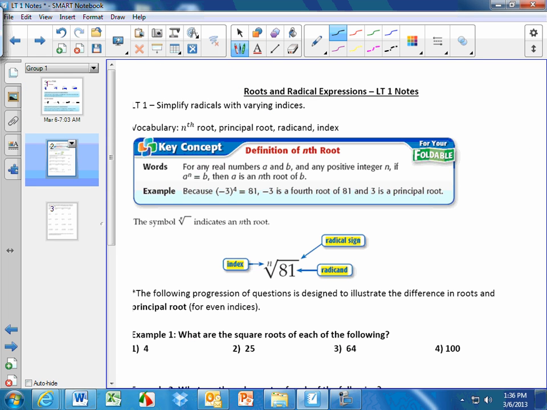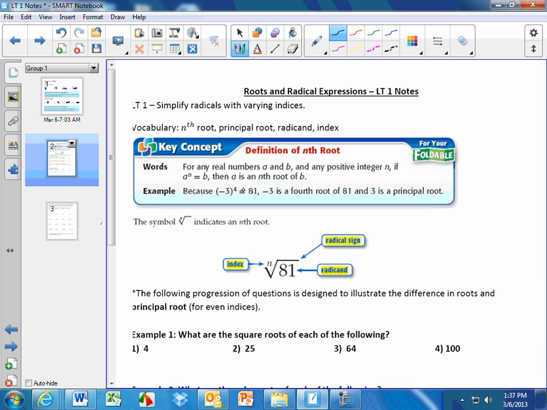First, the definition of a square root or a cube root or a fourth root or whatever root, called nth root, is down here in that key concept box. For any real numbers a and b, then a is an nth root of b. They've got an example, but let's use one that we already did. 3 squared is 9. Therefore, 3 is a square root of 9.